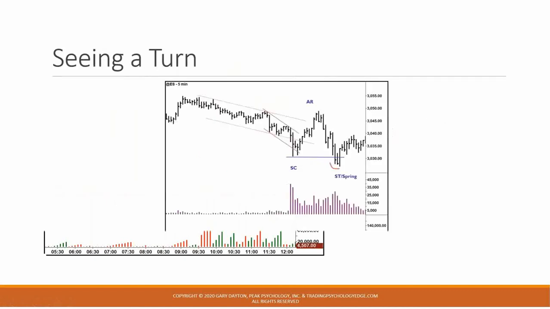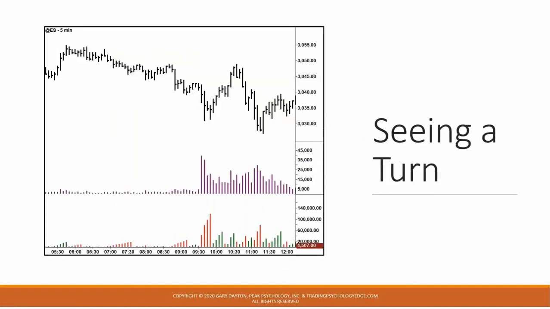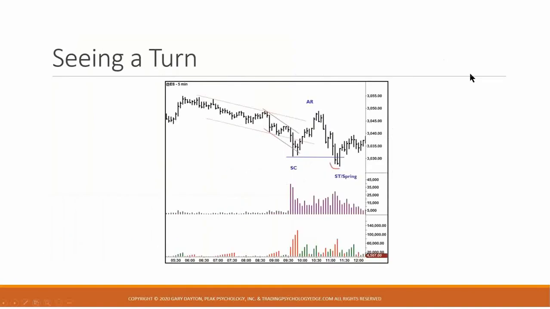All right, let's take a look at this chart here, seeing a turn occur in the market. This is also important for folks. Sorry, this got crunched down a little bit. But you can see from the overnight here, from about 5:30 in the morning to right at 9:30, so for 4 hours, we've been going down.